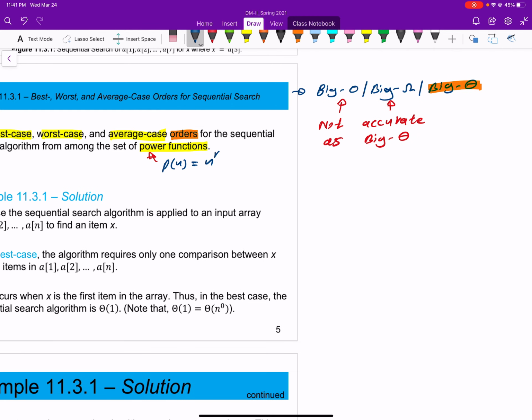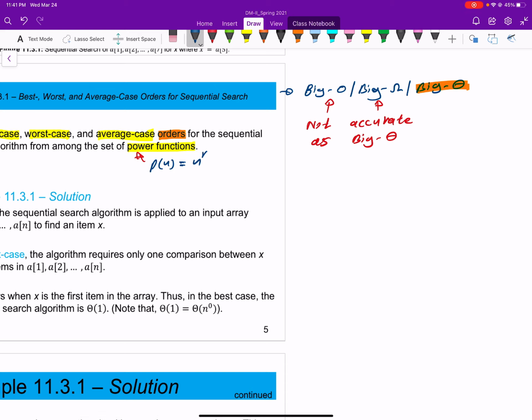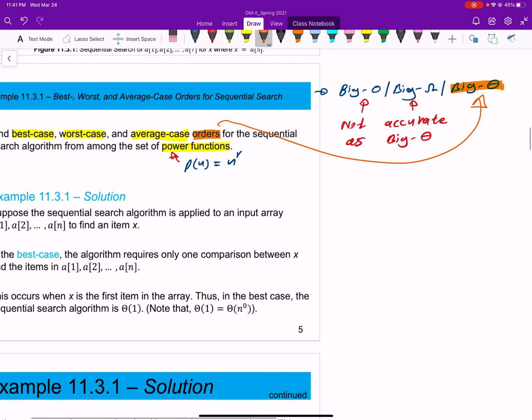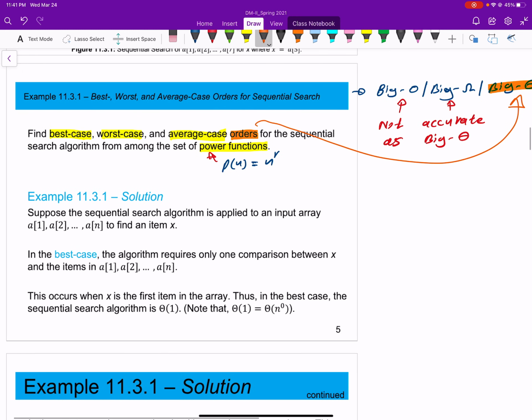When we say order, it is actually big theta, not any other type. So we don't use big O and big omega. We introduced big O and big omega in the previous section just for you to know. But big theta is the most important order notation. All right, so go forward.